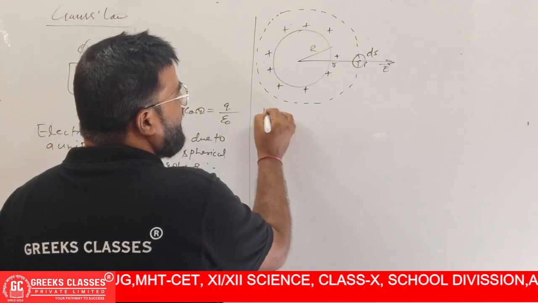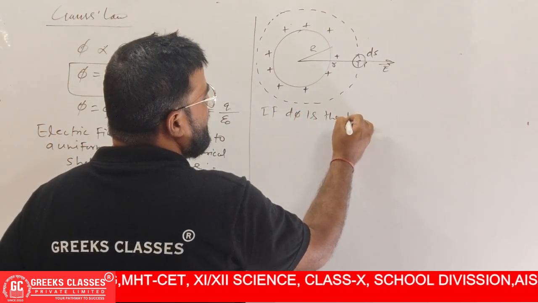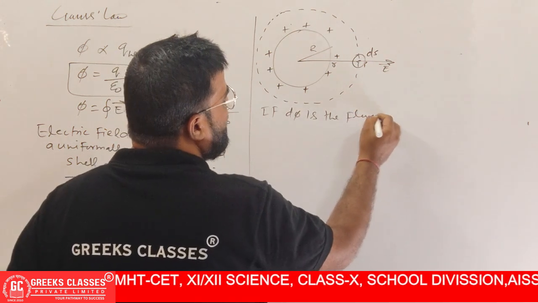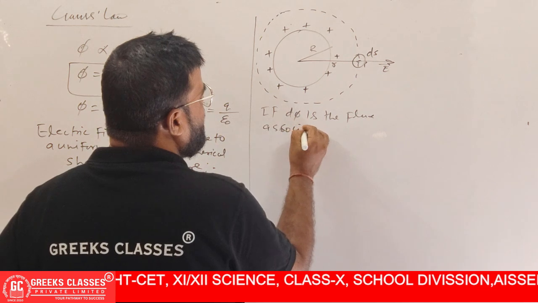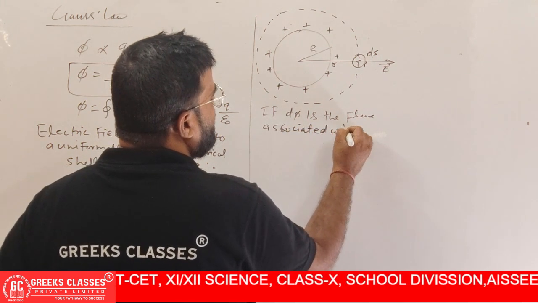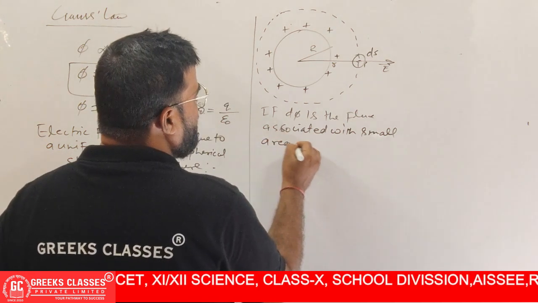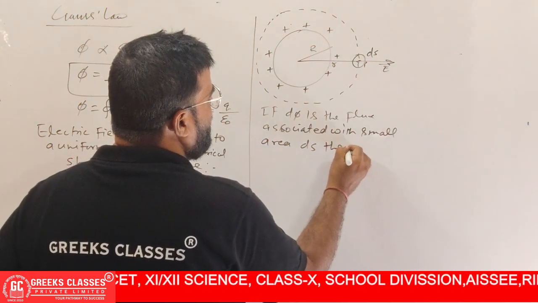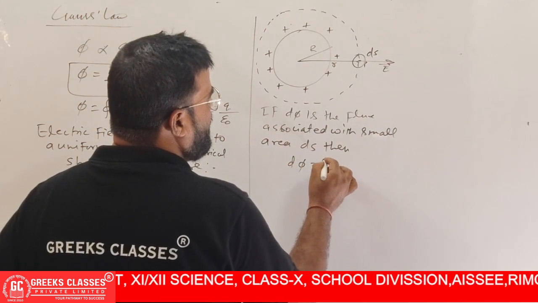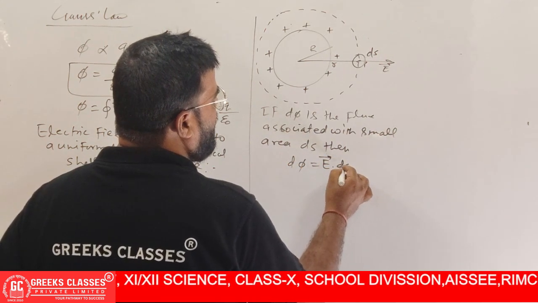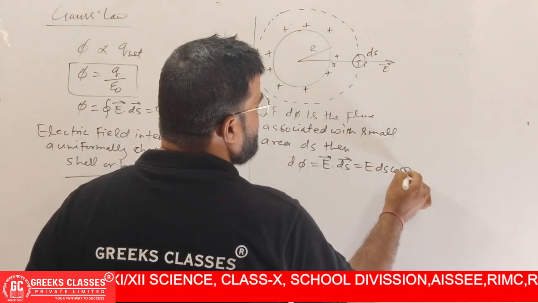Now if d phi is the flux associated with this small area ds, then d phi will be equal to E dot ds, meaning E ds cos theta.